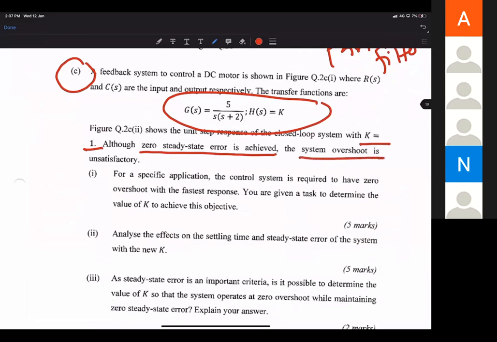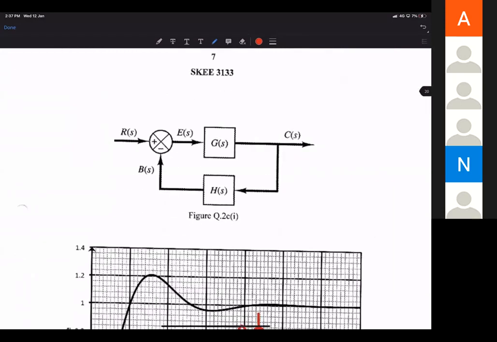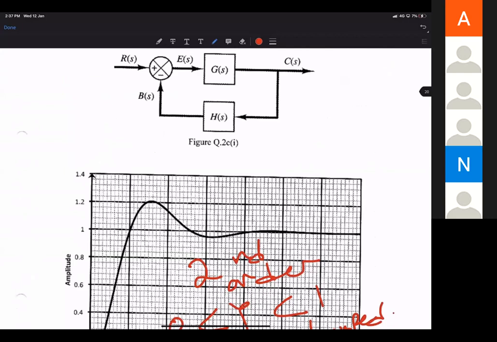Overshoot, unsatisfactory. Apa maksud unsatisfactory? Sarah, what do you understand by unsatisfactory? Value dia tinggi. The value is high. Dia one volt. So steady state error dia 0, right?